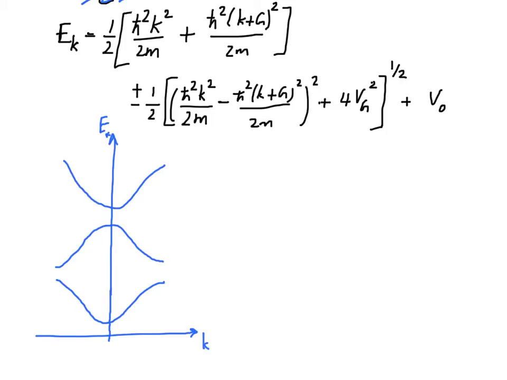Not surprisingly, you will get this type of a result if you were to plot your E of K versus K. Of course, I've done the zone folding for you already, and we can also estimate the value of the gaps that you are seeing over here.